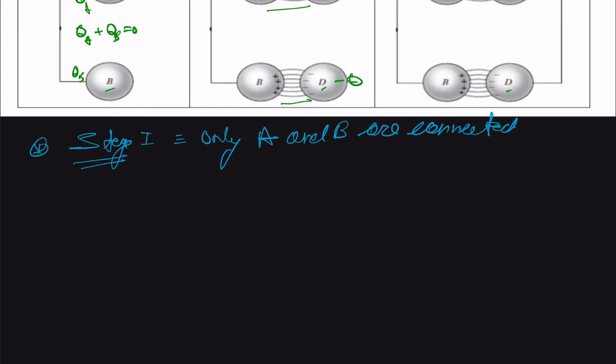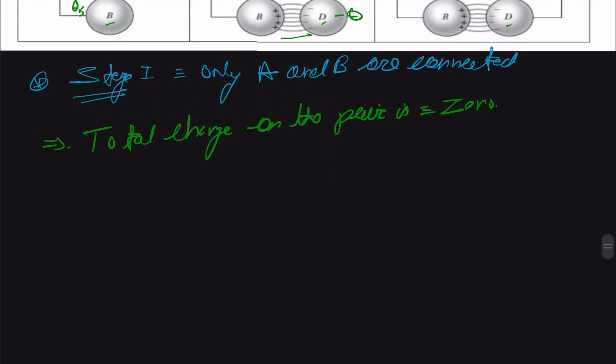It is given in the question that the total charge on A and B is 0. Therefore, if we assume A has a charge QA and B has a charge QB, we can write that QA plus QB is equal to 0.